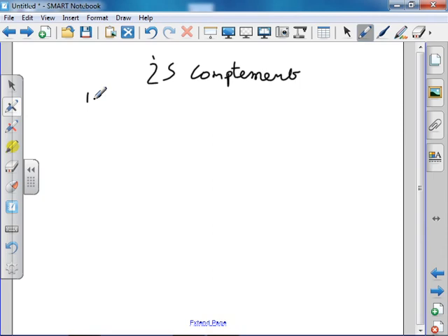This is very simple. You take the given number, for example minus 24, and convert the number 24 into binary first. Then make all zeros to 1 and 1 to 0.